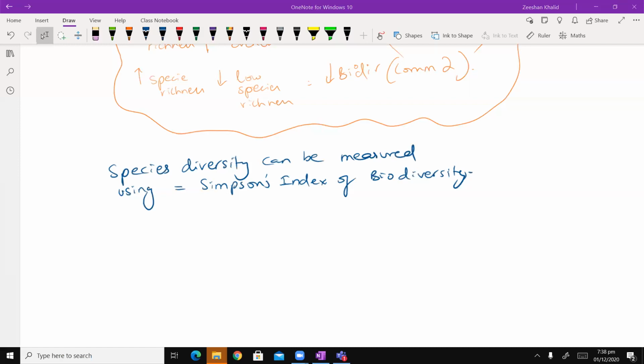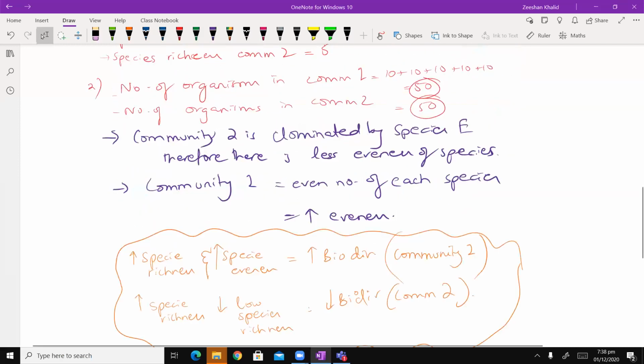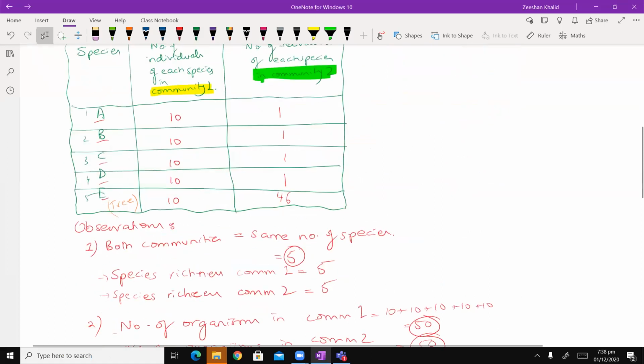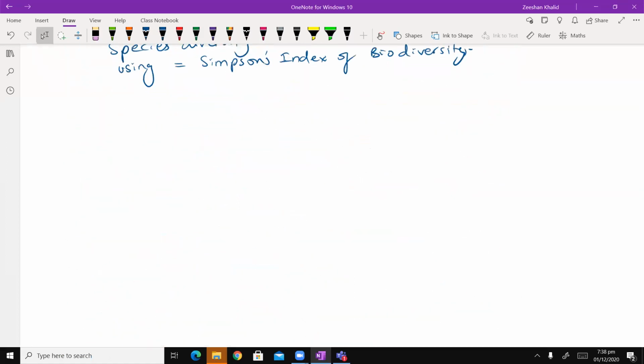There's one thing that I should have mentioned. Let me add that point here. Before Simpson's biodiversity, you need to know this point that ecosystems with high biodiversity tend to be more stable.